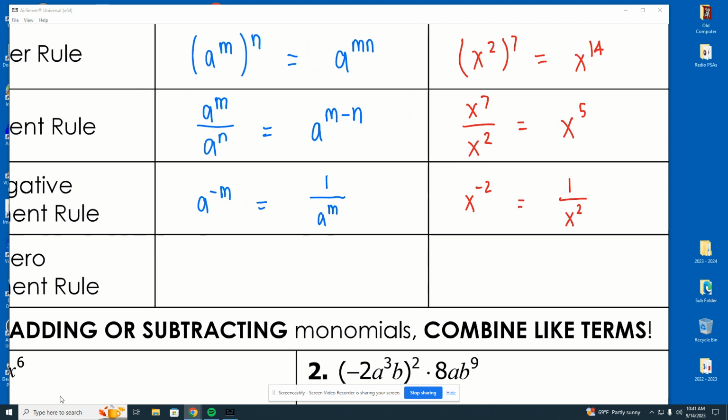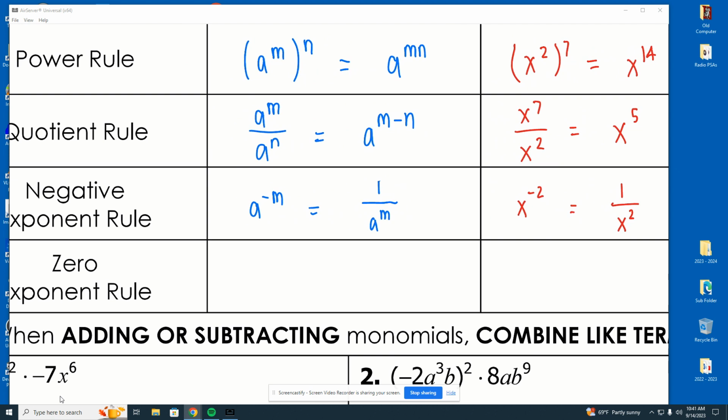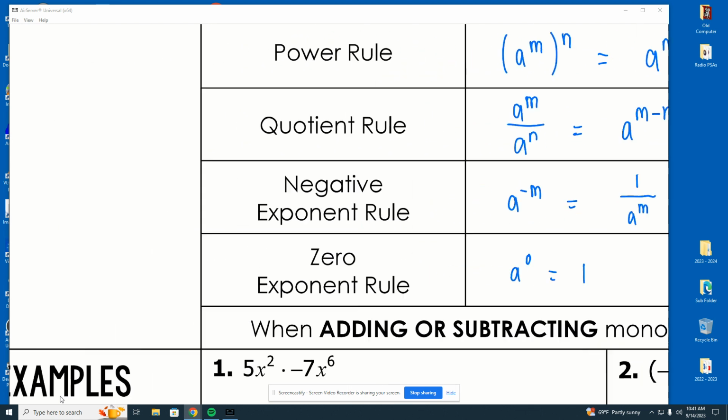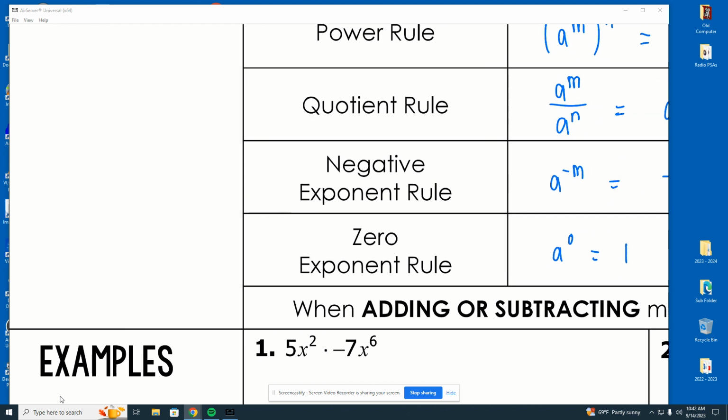And then the last rule that you may not be as familiar with is the 0 exponent rule. If I had anything raised to the 0 power, what is the solution? What is the value? It's 1. Here's how I like to describe this, and I think it makes more sense now after what we just did.